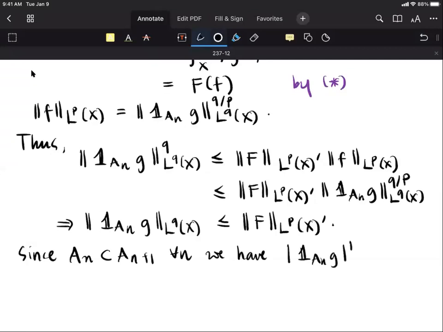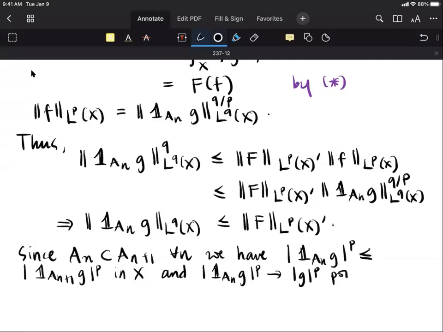This function raised to P is also increasing in X, and we have, in fact, also the convergence, this convergence pointwise in X.